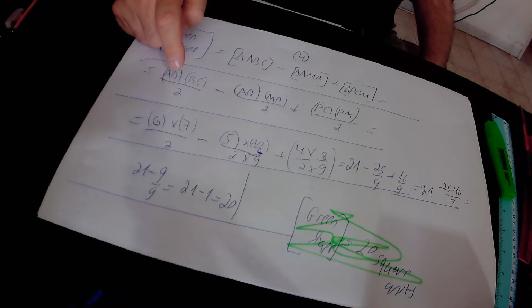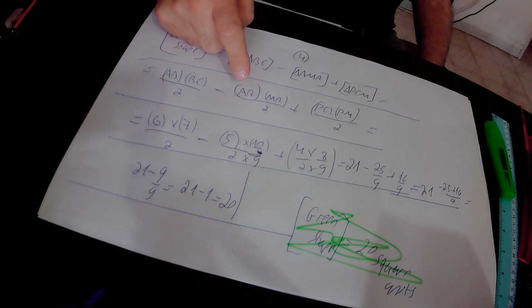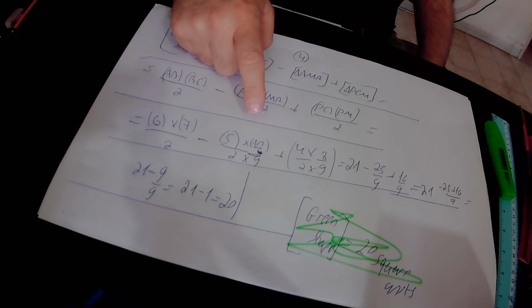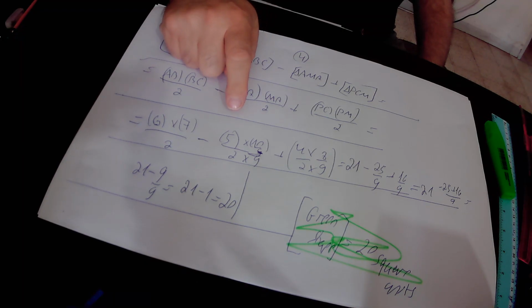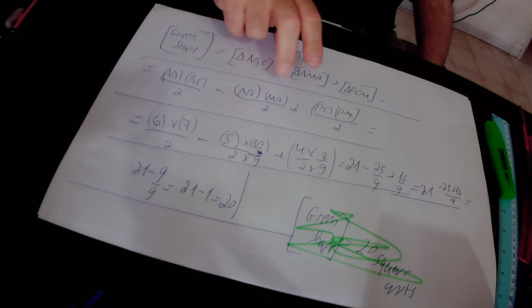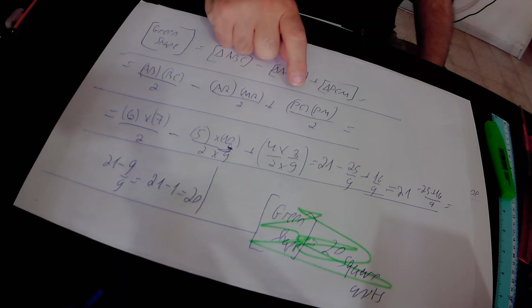So in total, the area of triangle ABC equals 6 times 7 over 2, minus the area of the right triangle AMQ, that is AQ times MQ over 2. AQ is 5, MQ is 10/9, divided by 2. So in total, the area of the right triangle AMQ equals 5 times 10 over 2 times 9, plus the area of the small green triangle PCM, which equals PC times PM over 2.